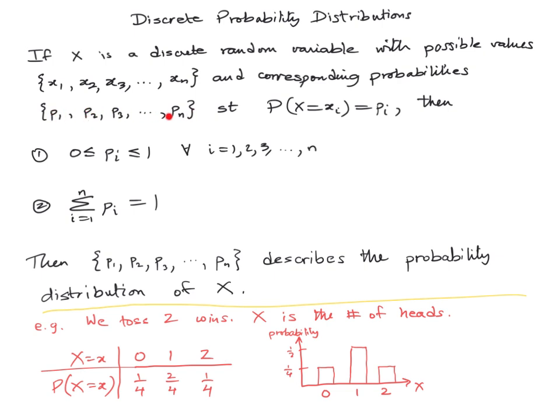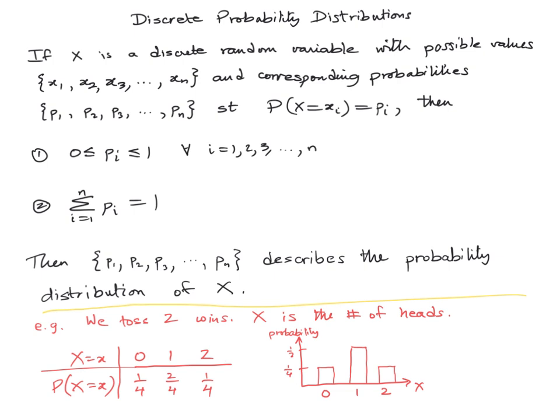So these are the different probability values, such that the probability that the random variable is equal to the x1 value is equal to p1, and the probability that x equals the x2 value is equal to p2, etc. So the probability that x equals xi is pi. So this is just a list of all the outcomes of the random variable, so numbers, and these are the probabilities that match. That's all we're saying over here.